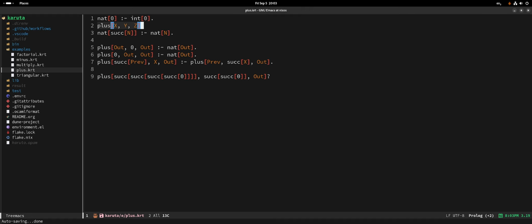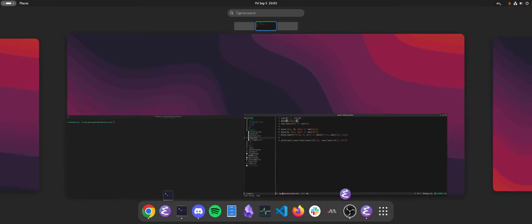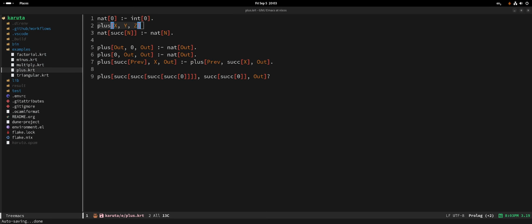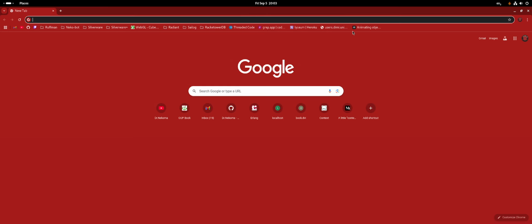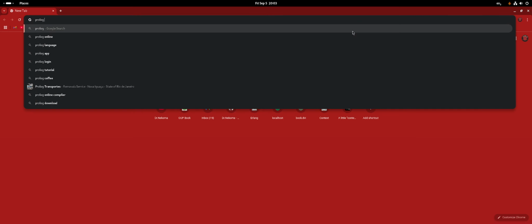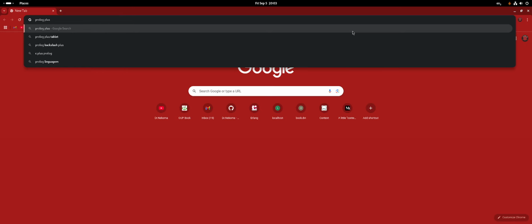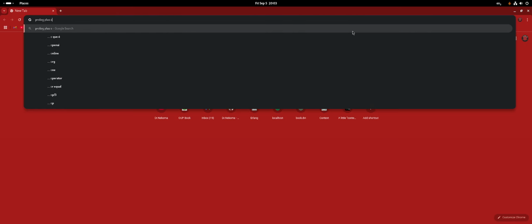I don't know if I'm following what you're saying. Maybe it's better for me to search an example. So let me open an example up here. Let me actually find an example. Okay, so Prolog plus operator.